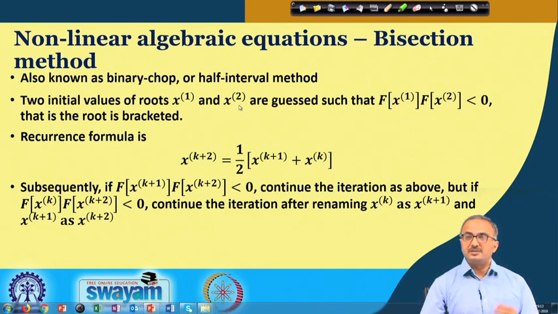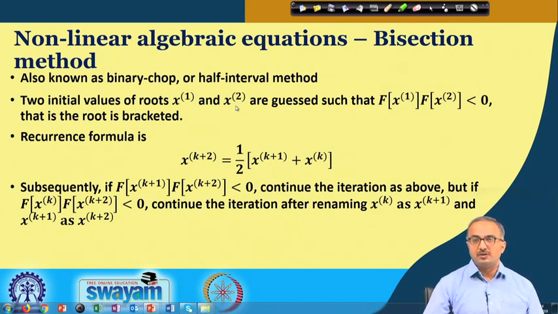But this is not x square, this is just showing the iteration level. So, x(1) and x(2) are the two initial guess values which are needed for this particular method.